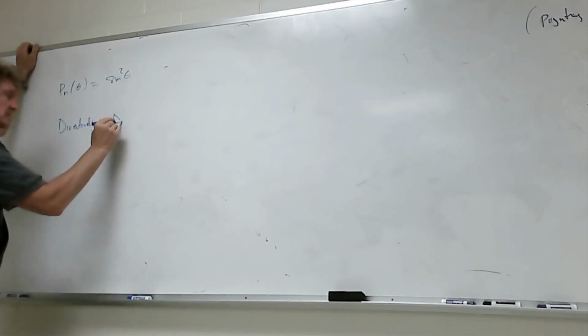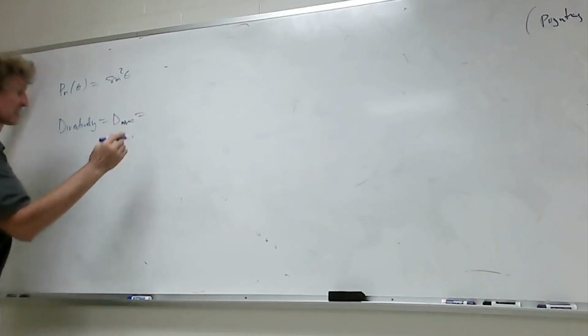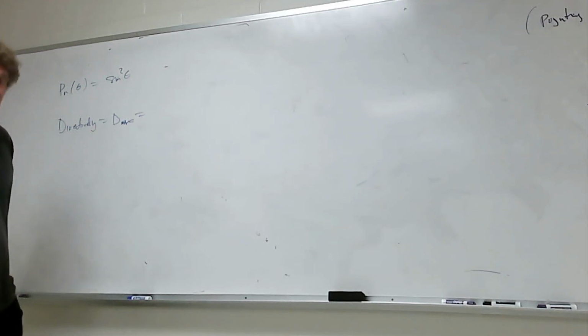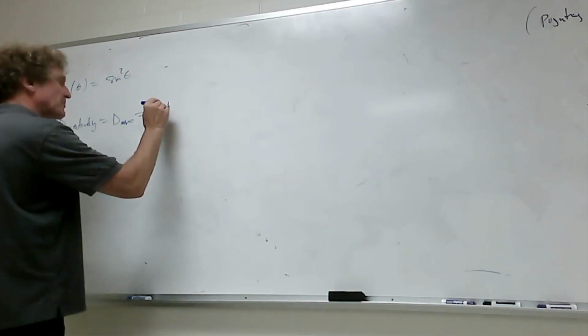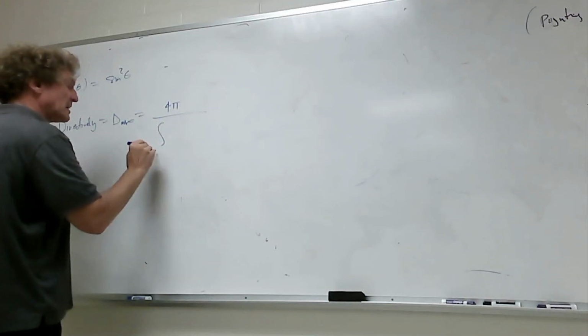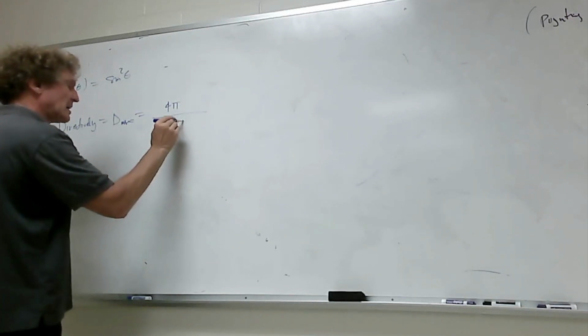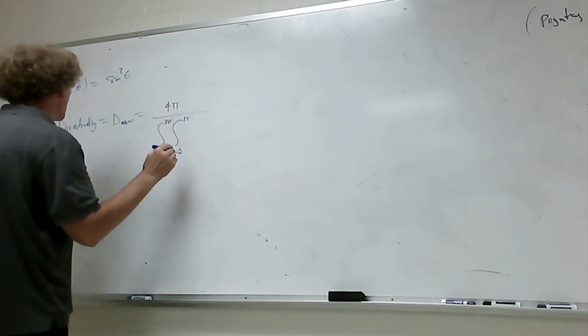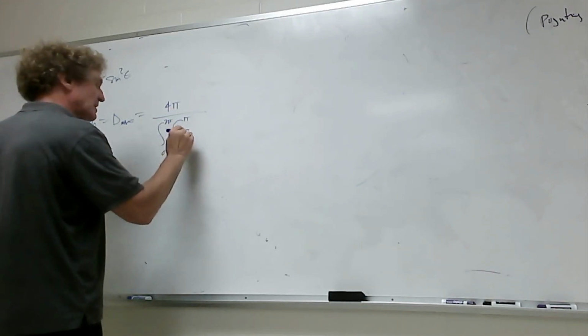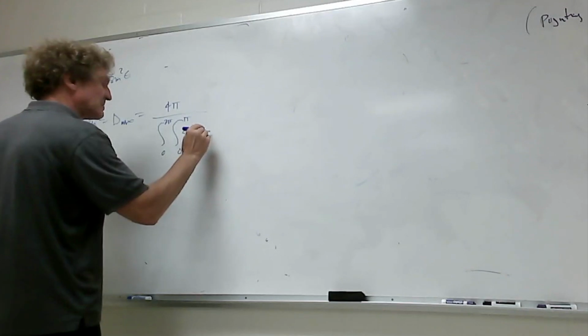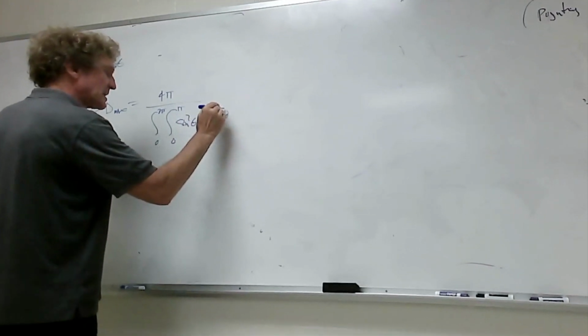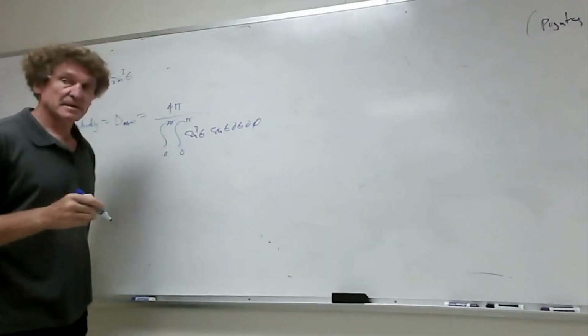Now, if we want the directivity D, and this is maximum directivity. This is like right out of the quiz, isn't it? Now you can say that's equal to 4 pi over the integral from 0 to 2 pi, the integral from 0 to pi of sine squared theta times sine theta d theta d phi, correct?